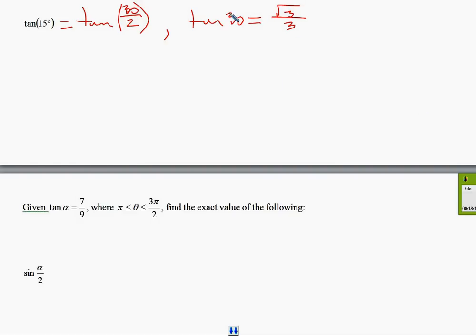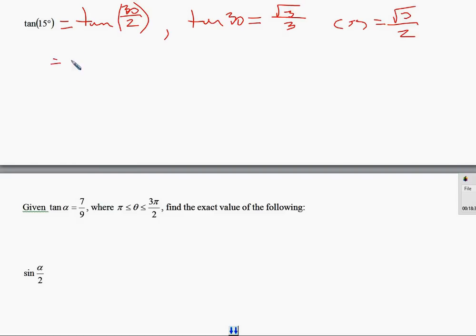And actually, that's the tangent of 30. My formula actually calls for the cosine, and I just dealt with cosine of the same angle in the last problem, so this I know is radical 3 over 2. So this is actually what's going to be substituted into the formula.